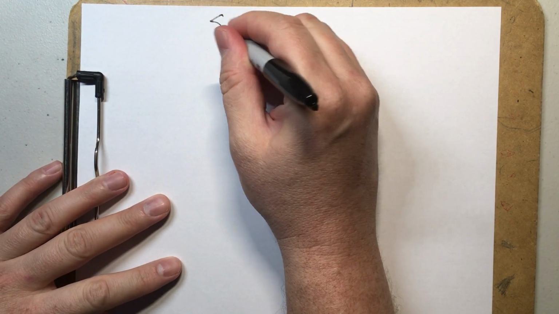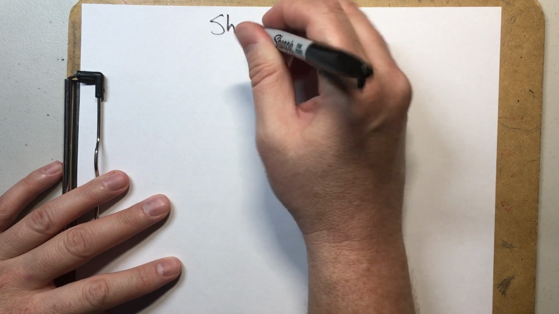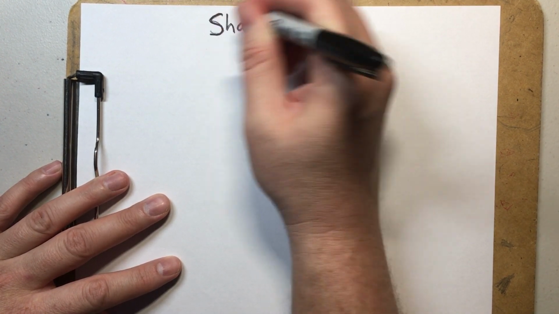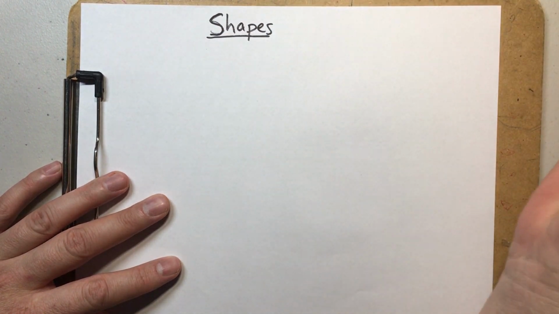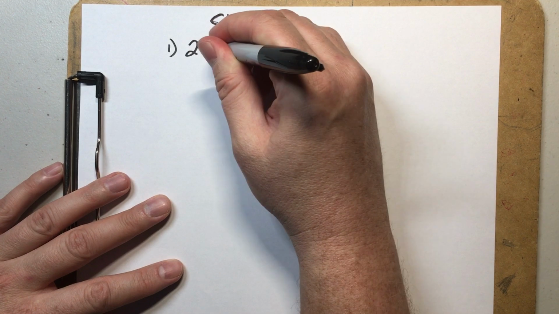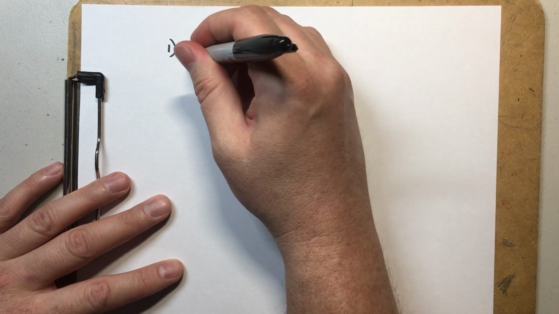We're going to be learning about shapes today. We're going to be looking at two-dimensional shapes, or 2D shapes.